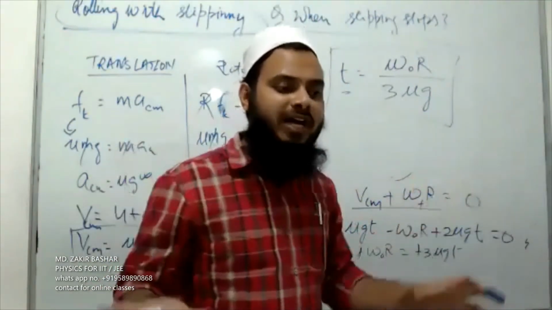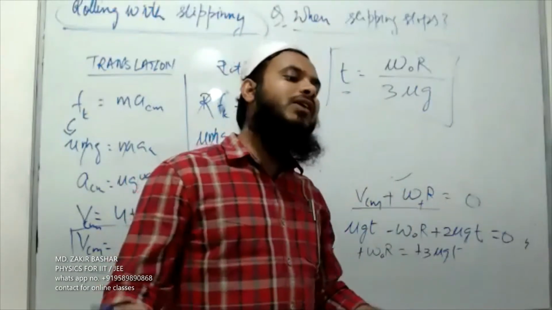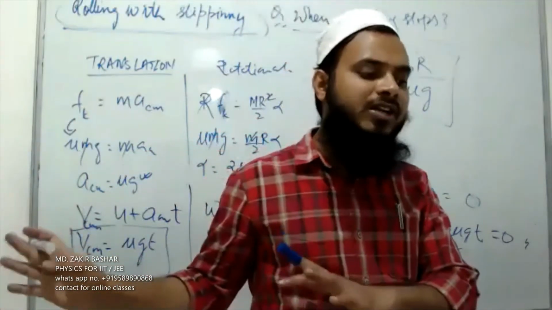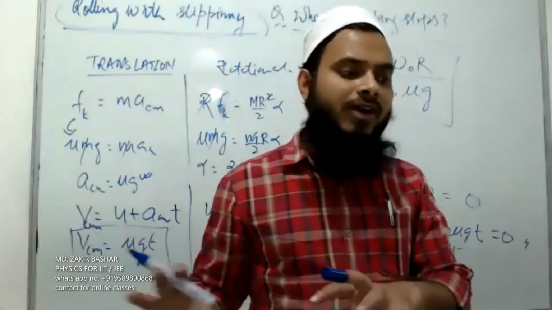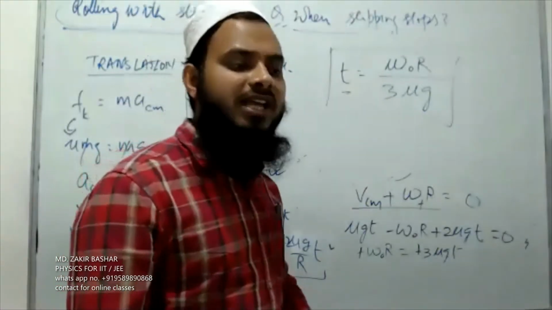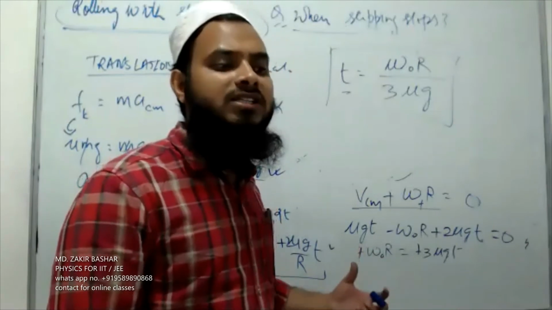This is the concept of kinetic friction. I am doing nothing new here. Everything we read in the concept of friction, I am not doing anything new. Just what is new is that this is not a particle, this is a rigid body.